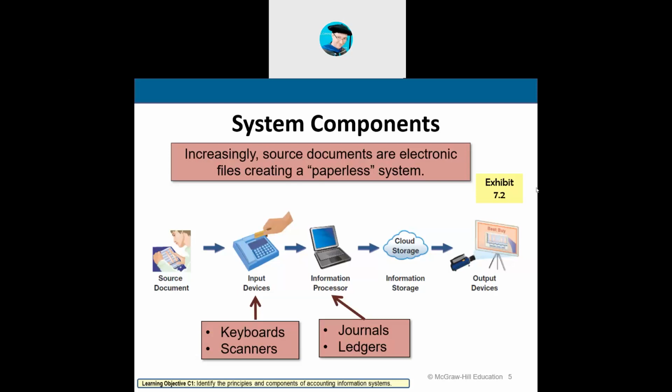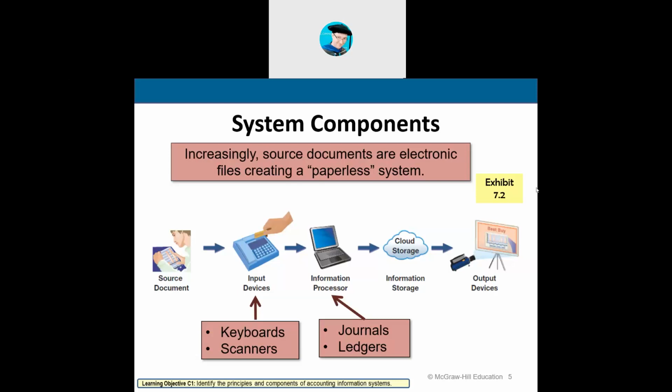Another example would be your email. Your email is saved on a cloud server. That cloud server can be accessed from anywhere. That's how you're able to access your email at home, on your phone, on your tablet, on your whatever. All those emails are saved on the cloud.